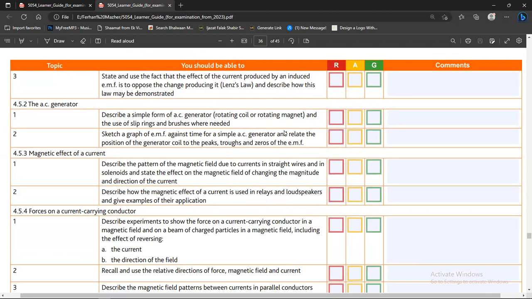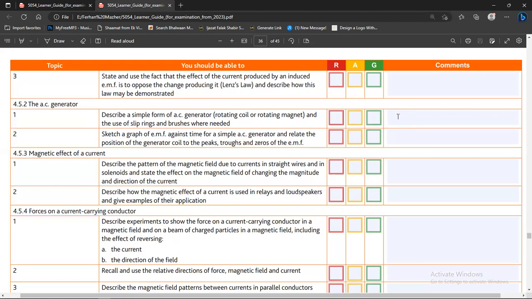Describe a simple form of AC generator, rotating coil or rotating magnet, and the use of slip rings and brushes where needed. Sketch a graph of EMF against time for a simple AC generator and relate the position of the generator coil to the peaks, troughs, and zeros of the EMF.